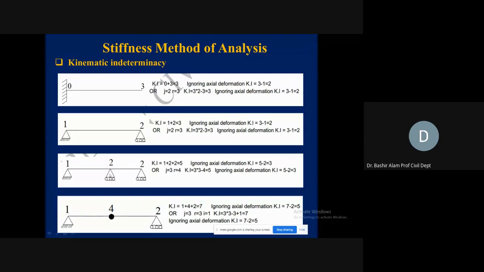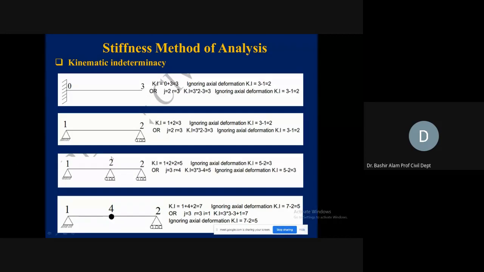And in the middle support we have rotation as well as translation in the horizontal direction, when we are considering the axial effects. Similarly, when we come to the right support, again it can give rotation and it can give translation also in the horizontal direction.